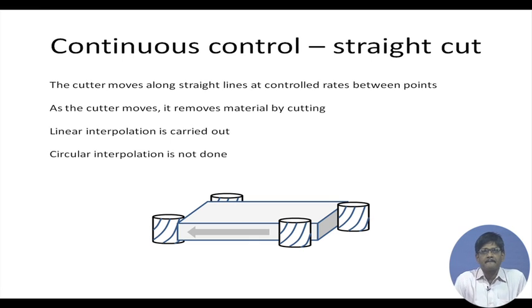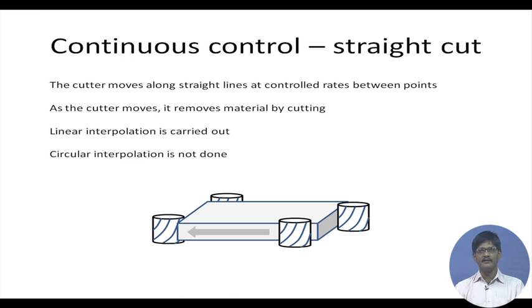Compared to this, when we are talking of different types of machines, there are continuous control machines as well, which are continuously controlled. If it is moving from one point to another, it might be moving always along straight lines parallel to the axes of the machine.